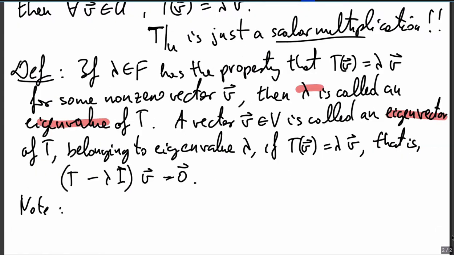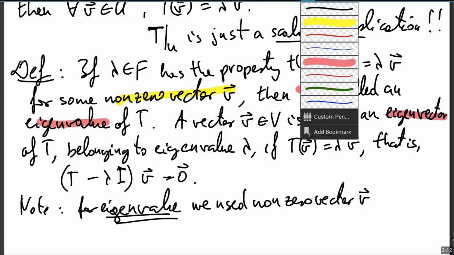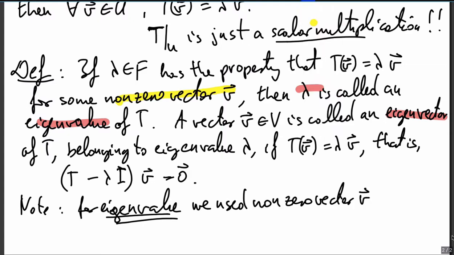Note, for an eigenvalue we use a non-zero vector V, because for the zero vector this is always true: T0 equals lambda 0 for any lambda, since this is just the zero vector. So it doesn't make sense to talk about eigenvalues if you use the zero vector; all lambda would be eigenvalues in this case. That's why we needed a non-zero vector.